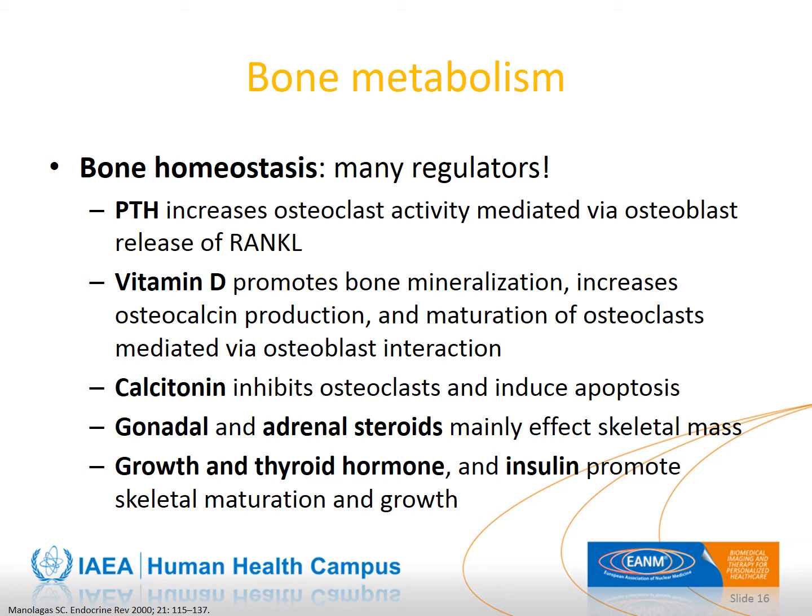Vitamin D promotes bone mineralization, increases osteocalcin production, and the maturation of osteoclasts. Calcitonin, on the other hand, inhibits osteoclasts and induces their apoptosis. With respect to hormonal influences, the gonadal and adrenal steroids mainly affect skeletal mass. Finally, growth hormone, thyroid hormone, and insulin promote skeletal maturation and growth.